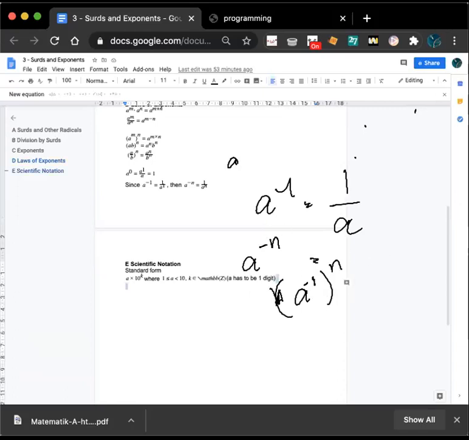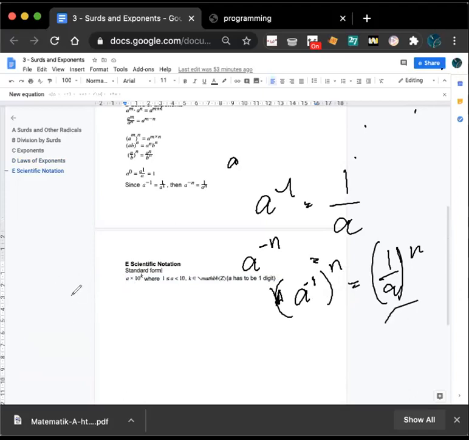So it's kind of like this, and yeah, it's like this.